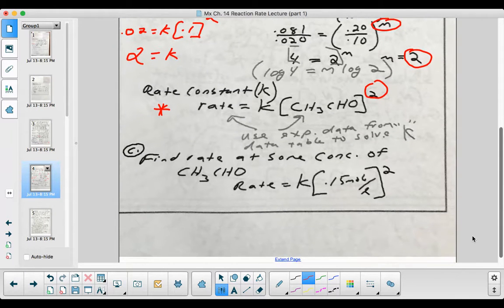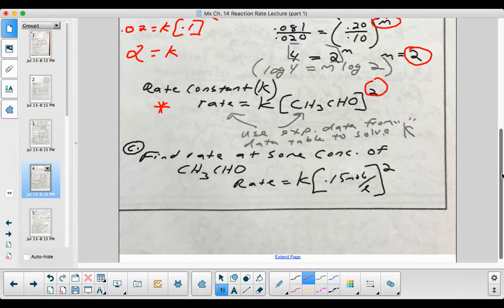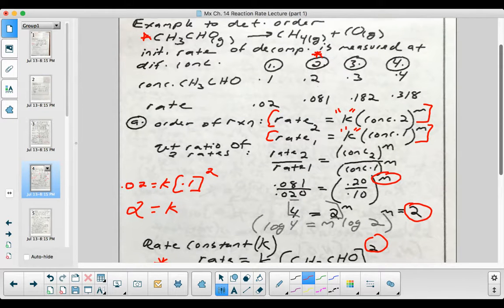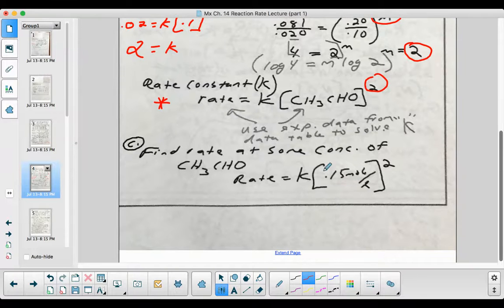So now, how do you find the rate at some random concentration? Let's say it's not any of the values that's plugged into my table up here, but it's just some random value of concentration.